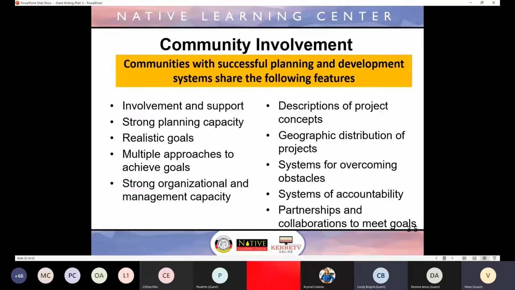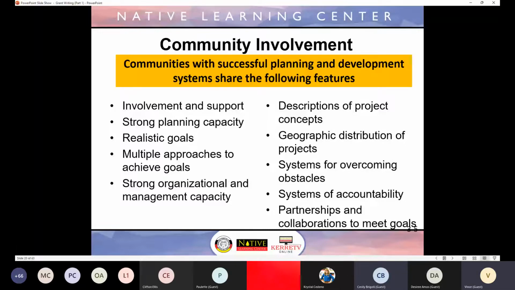On the top right, descriptions of project concept. It's one thing to say, this is where we're trying to go. If the community is providing some information on what the major objectives are for them, what's important for them, hopefully they're able to define what that is in a little more detail. If not, then it's something that the grant process might have to work upon.